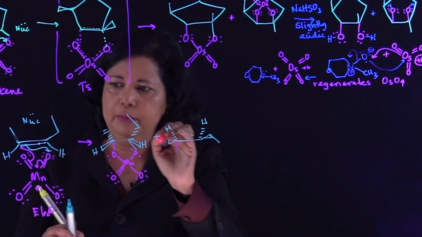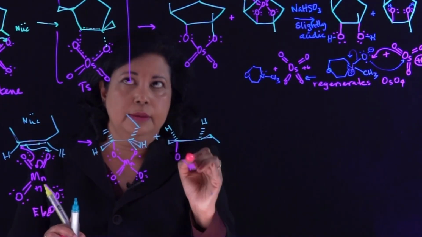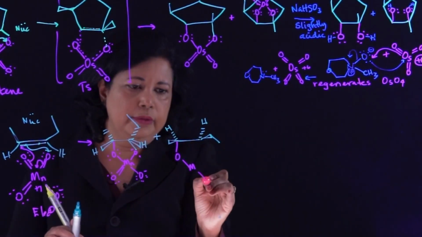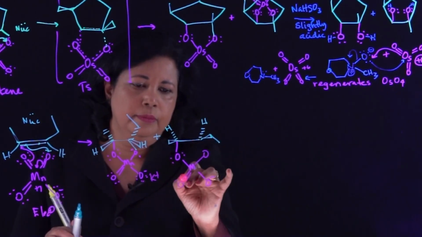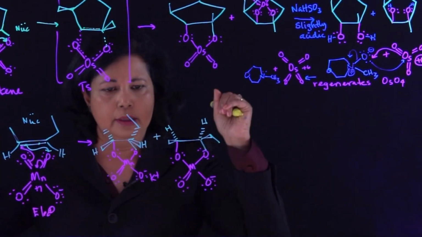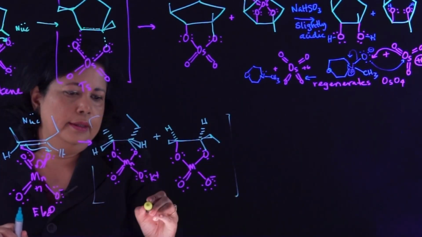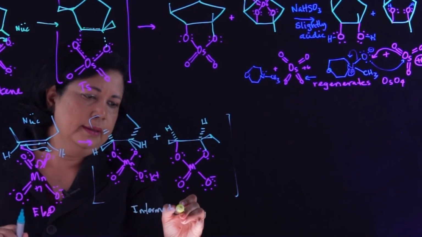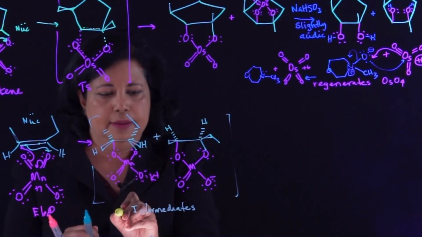Same deal as before, same mechanism, same transition states, very similar to this, except you're going to have a manganese instead of an osmium, and you have a double bond here, whereas you have a single bond here. And there's the other hand holding on. So you have both of these intermediates, which are fleeting, and these are mirror images, as you can see.